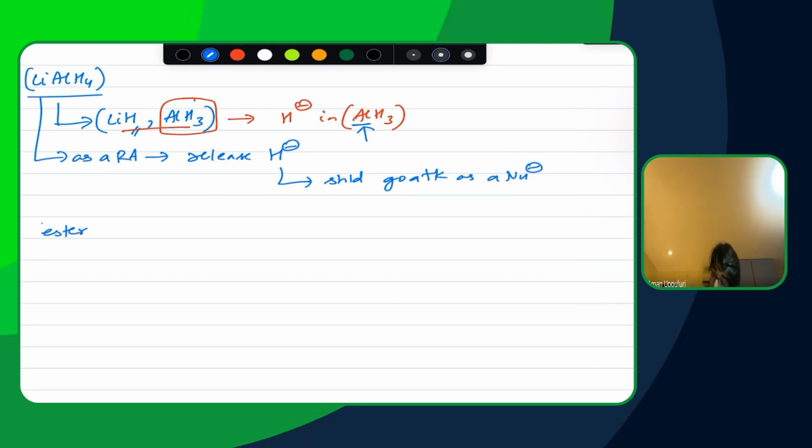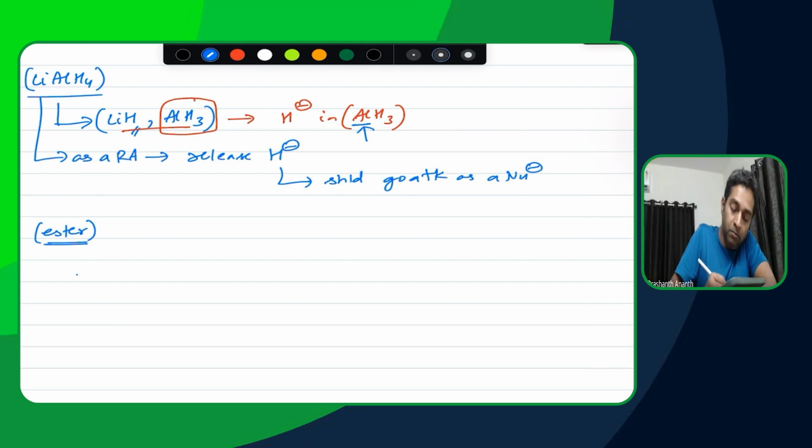Before that, he also gave how once the ester reduces, it goes to the aldehyde, and the aldehyde again reduces to alcohol. So he asked us, for one molecule of ester, how many molecules of LiAlH4 are needed? He said 2 are needed, but then how is it?